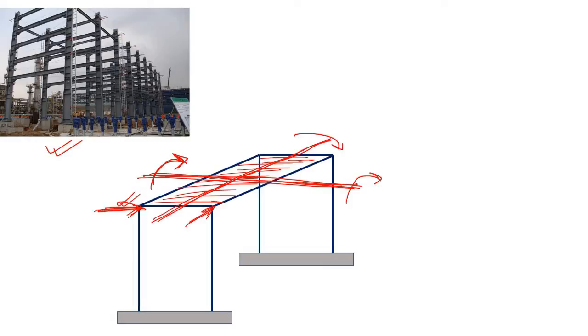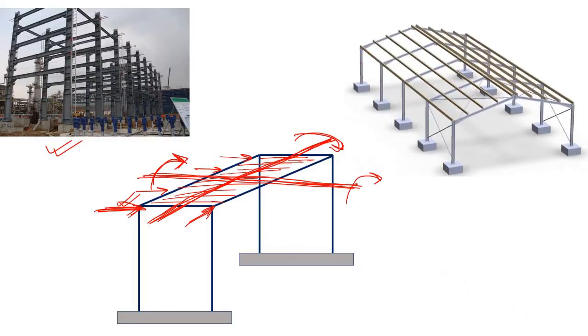Okay, but what about this minor axis? Whenever we apply any lateral load like this or any bending moment about this minor axis of this building, it is weaker. Got it?